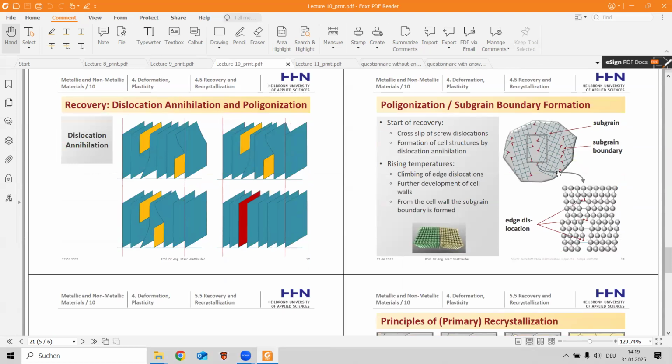Recovery: dislocation annihilation and polygonization, with subgrain boundary formation.